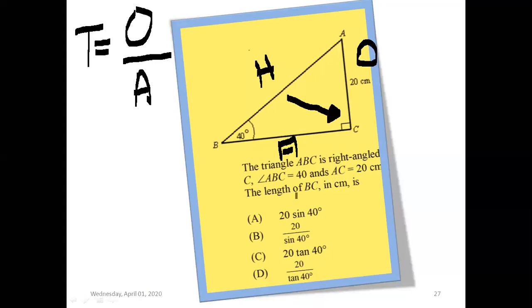Because it's the final length of BC, and BC is the adjacent side. Okay, so that's why we use tan. So now we establish why we choose tan.